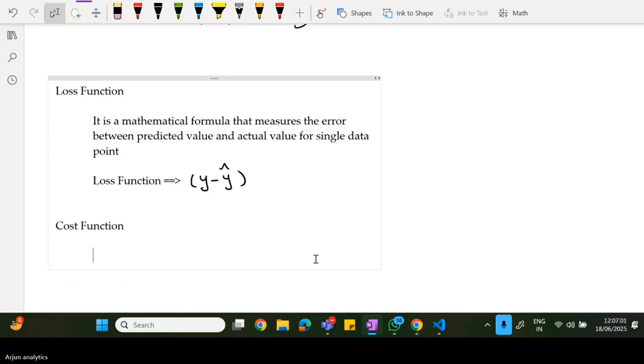It measures the average error over the entire data set, and it will combine all the losses of the individual data points and calculate overall how much the average is.